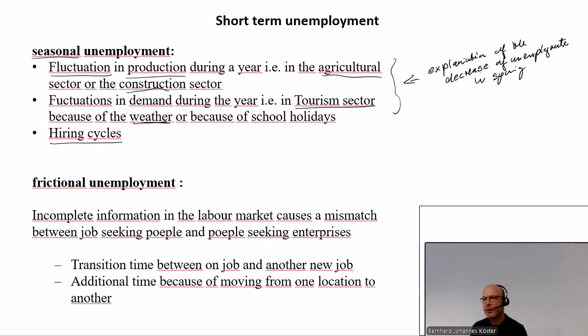And therefore we have then this decrease in autumn.